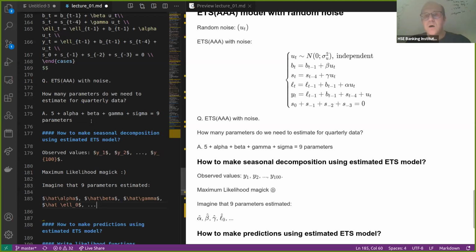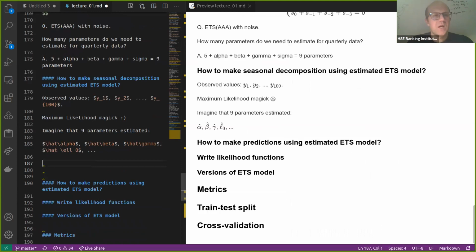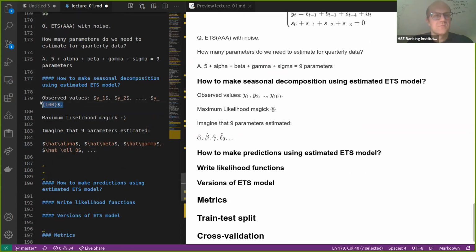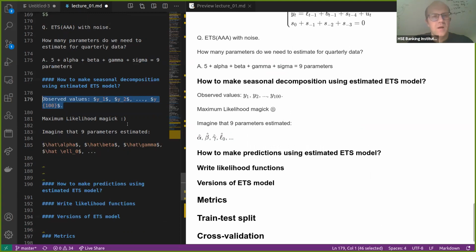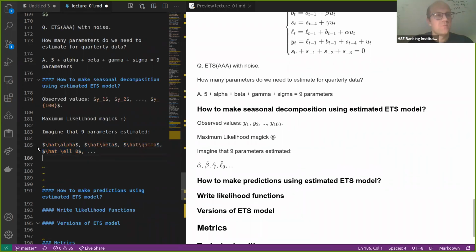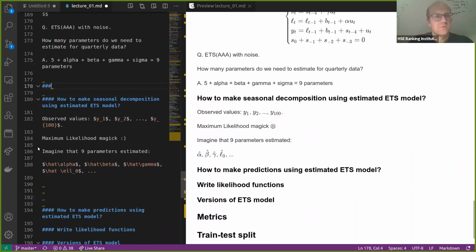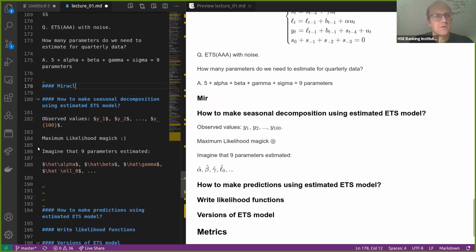Okay, so what is the problem now? We have 100 observed values, and by maximum likelihood algorithm, we have 9 parameters estimated. So we have complete specification of a model. And now let's decompose. How to make seasonal decomposition? First, let's say a miracle.